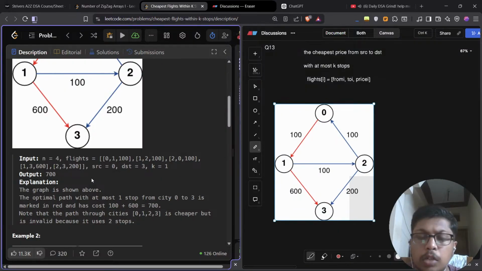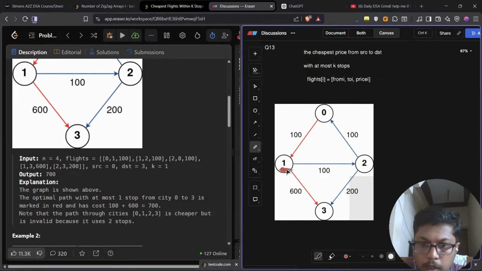I could say there is a stop at 1, so only one stop. We should not consider how many edges there are. Those are obviously two, but we have stopped at only one node. So in that way, we could think.